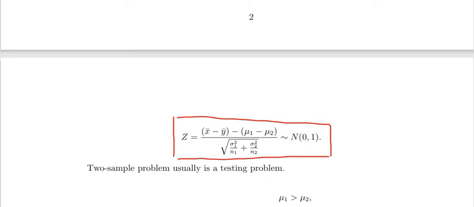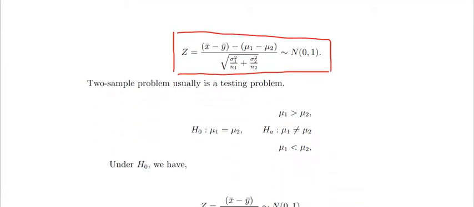Our purpose for two sample problems is comparison. So usually we will convert the comparison problem into a testing problem. So what do we compare? Usually we compare the mu, the average, right? Here, mu1 and mu2: are they the same, or not the same, or more specifically, is mu1 larger than mu2, or mu1 less than mu2.